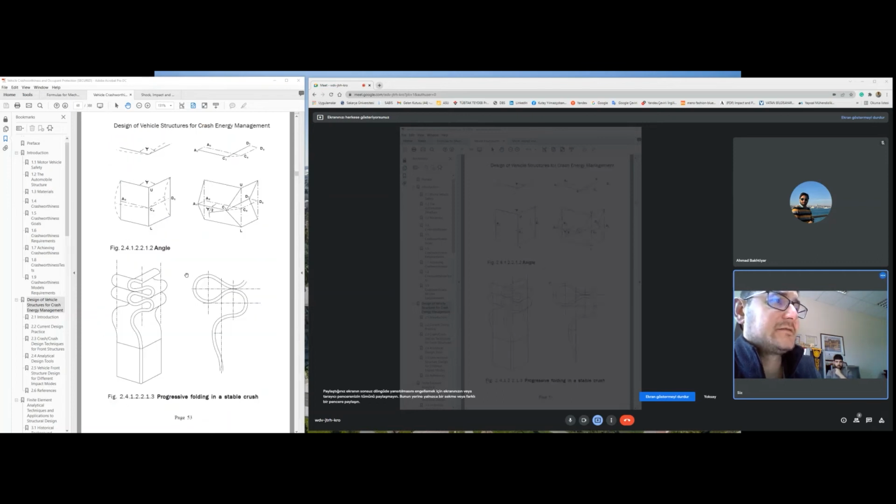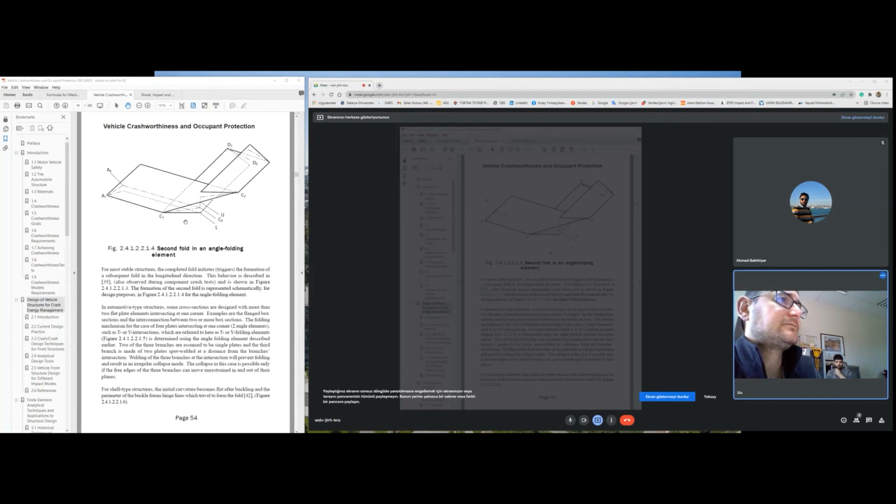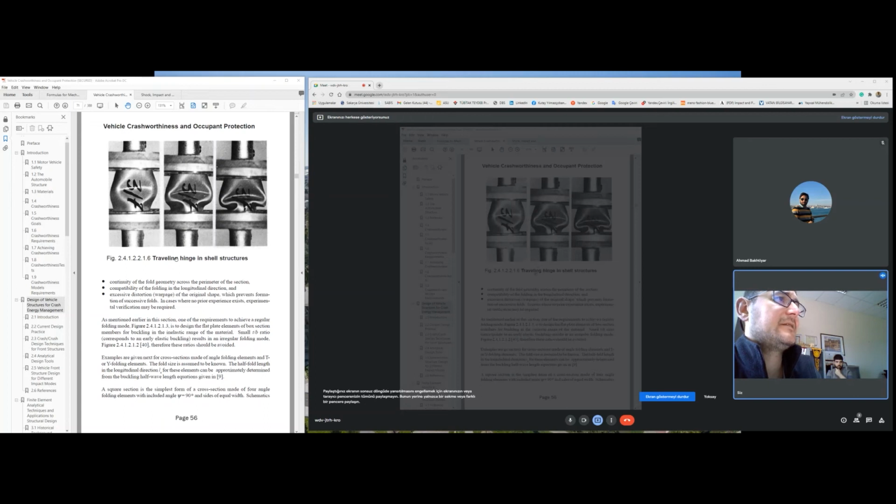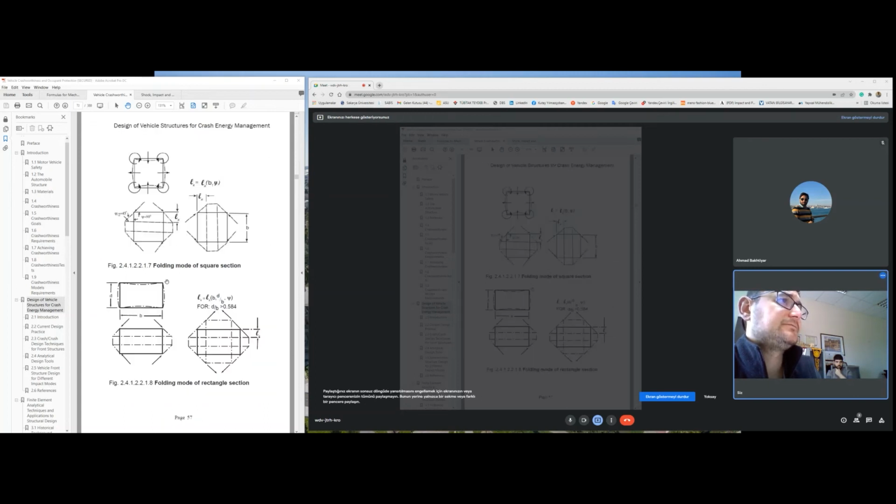Look at here, we can find the progressive folding here, angle folding, T-fold, Y-fold, and traveling hinge system.